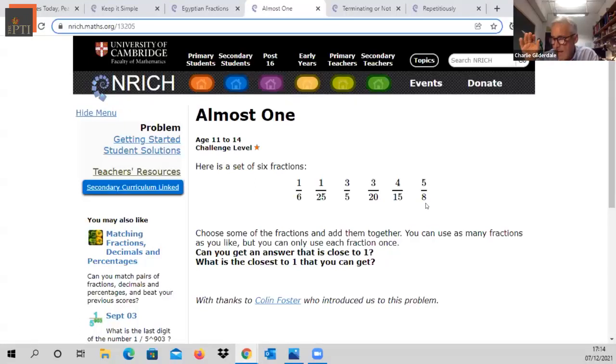I think the other day I also added them all together and it added up to something like 188%.